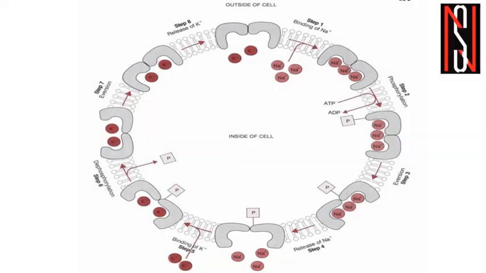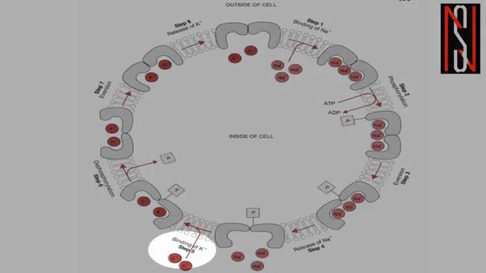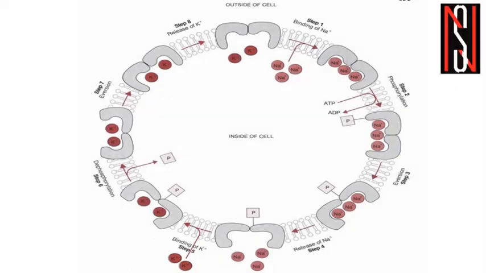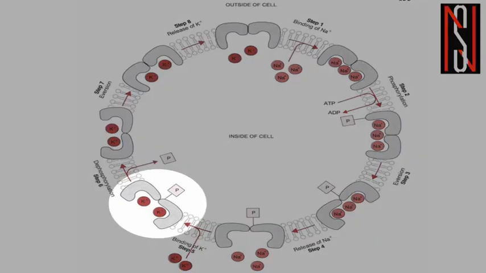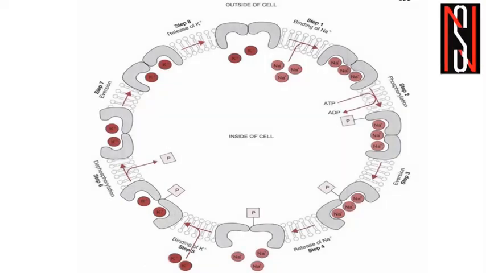Now in step 5, the potassium ions will try to bind with this alpha subunit. Now these two potassium ions will come to bind with this alpha subunit. This is step 5, where the second half of the cycle starts.